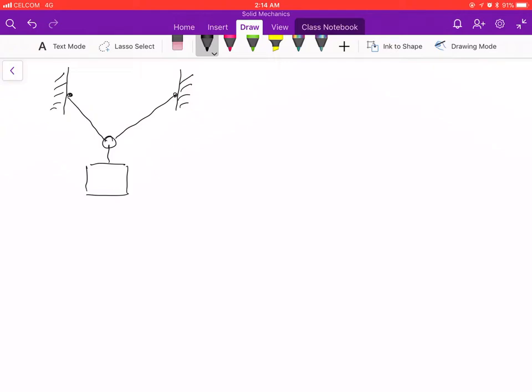My drawing might not be symmetrical, but this is 30 degrees, and this is also 30 degrees, and I have a certain weight here.